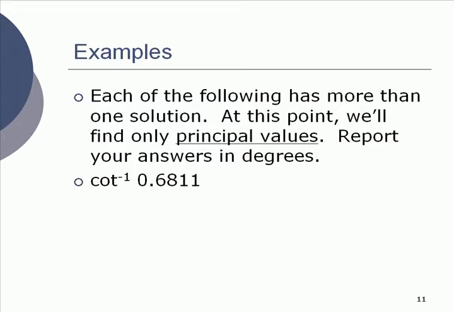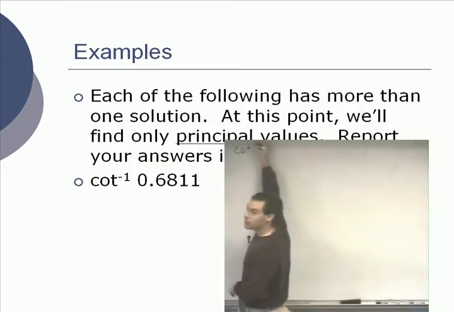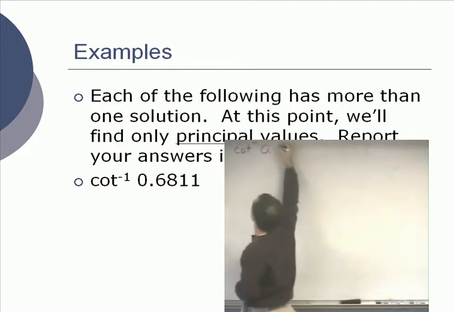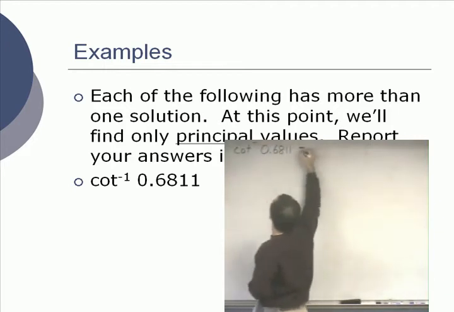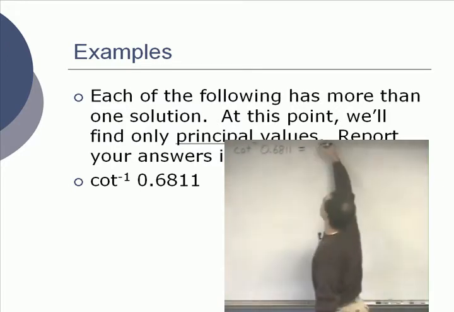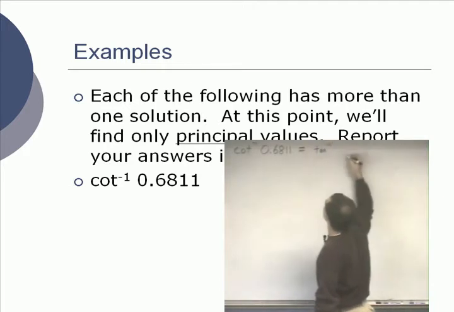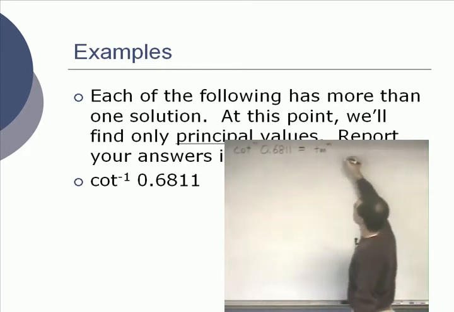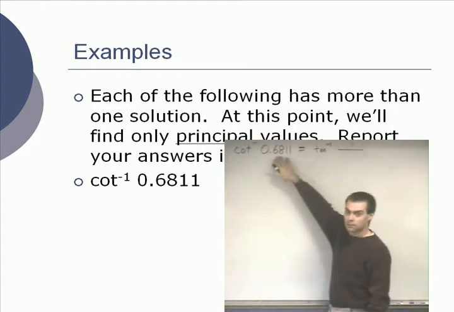So let's find the inverse cotangent of 0.6811. Okay, well first of all, before you go to your calculator, just write it out. We have to first get that in terms of sine, cosine, and tangent, or inverse sine, inverse cosine, or inverse tangent. You would write this as the inverse tangent of what? The reciprocal. Remember, this is a ratio.